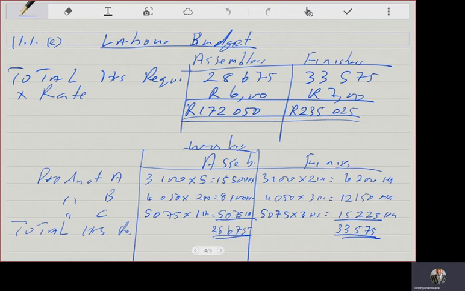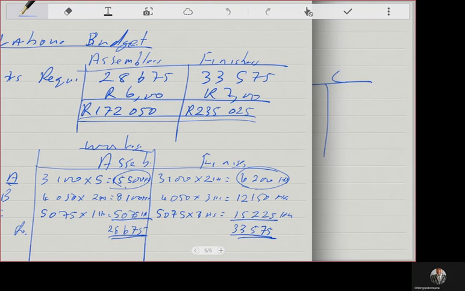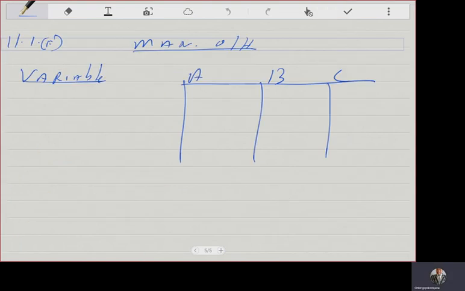So we know that for product A it is 15,500 and 6,200. So you simply add the two: 15,500 plus the 6,200. So we take our total labor hours for A, which is 21,700.